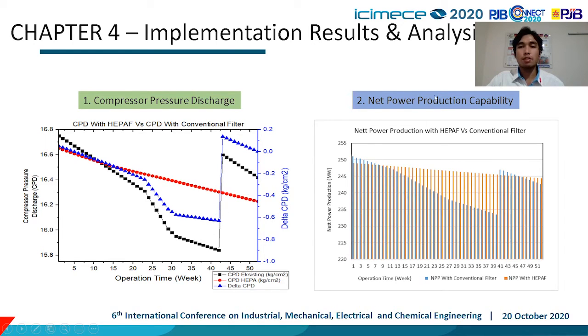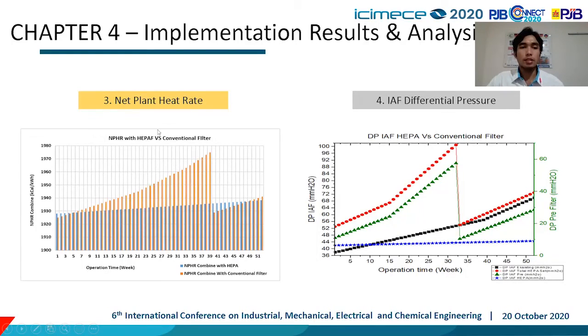The net power production capability is also the same. The net power production capability using HEPA filter and pre-filters is more stable than the conventional filters. Net plant heat rate for the HEPA filter and pre-filters is more stable than the conventional filters.